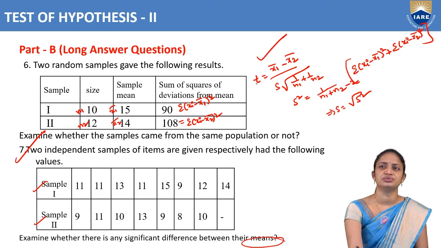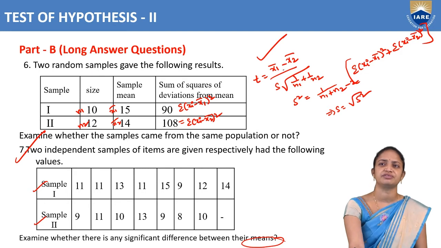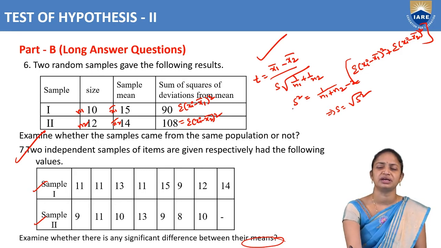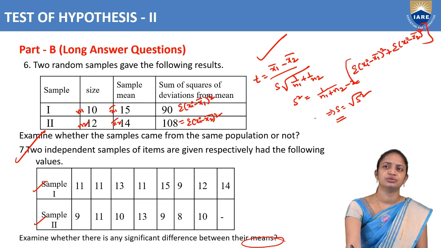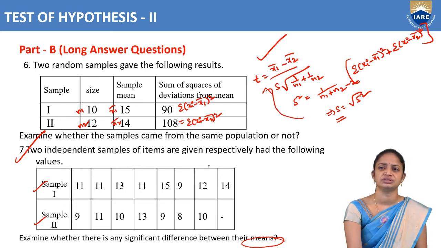Here also we have to use the same formula, t equal to x1 bar minus x2 bar divided by s into under root of 1 by n1 plus 1 by n2, where s square equal to 1 by n1 plus n2 minus 2 into summation xi minus x1 bar whole square plus summation xi minus x2 bar whole square. From that we can calculate the s value. After that you have to substitute all these values here. What is n? 1, 2, 3, 4, 5, 6, 7, 8.